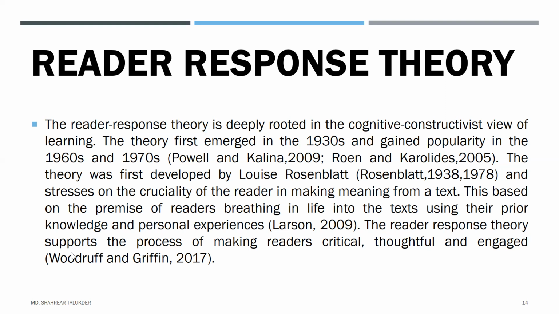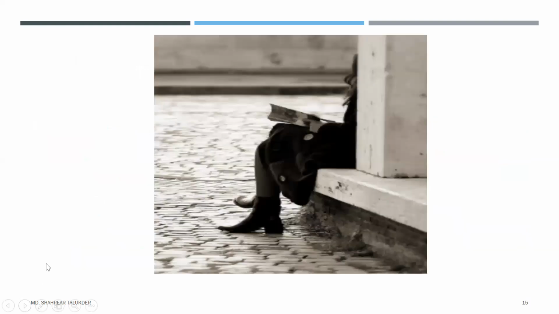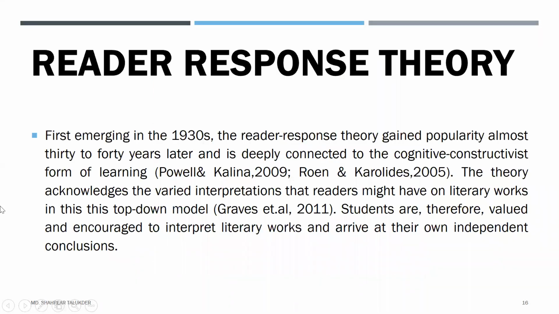Okay. So there you can see how readers have been given the power to create or construct meaning of a text. Now, first emerging in the 1930s, the reader response theory gained popularity almost 30 to 40 years later and is deeply connected to the cognitive constructivist form of learning. The theory acknowledges the varied interpretations that readers might have of literary works.